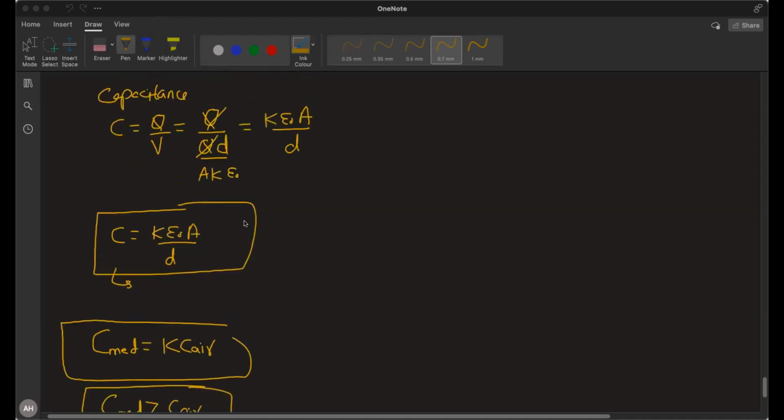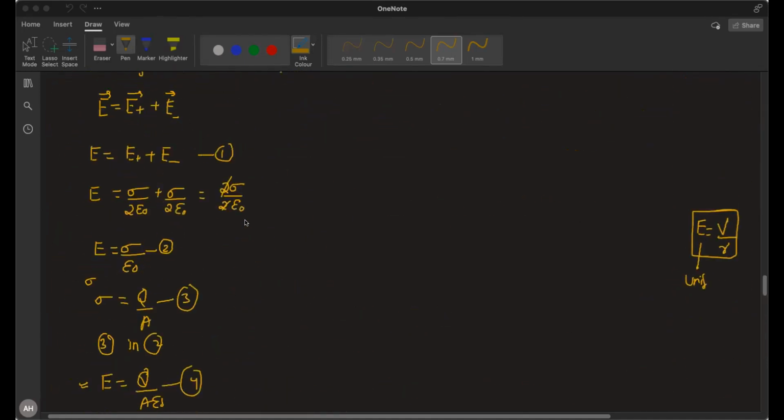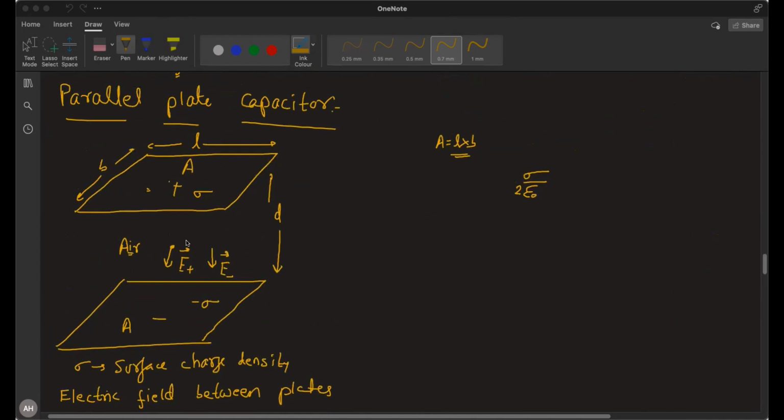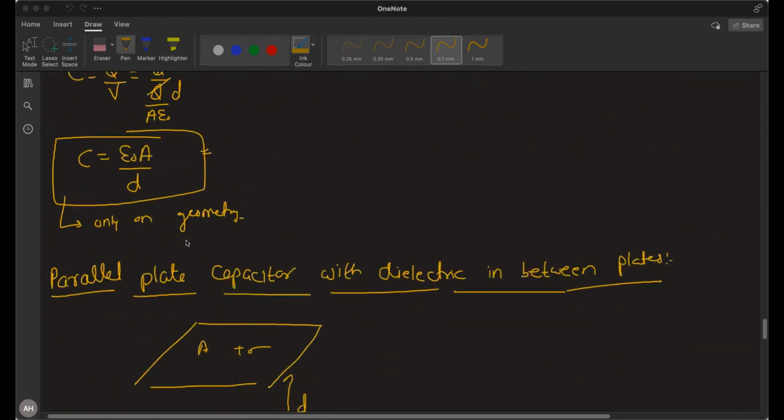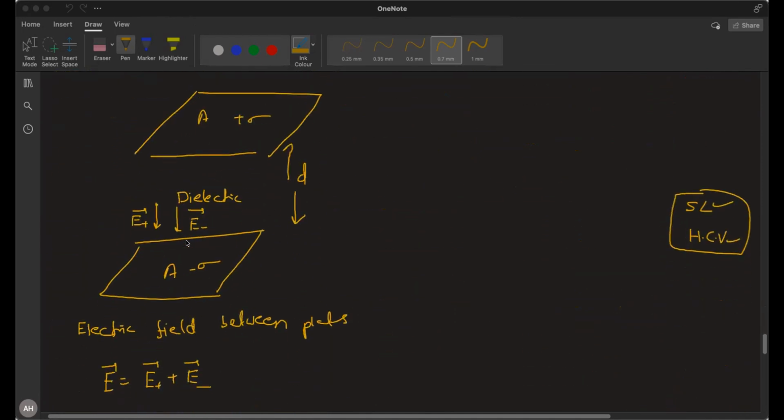Yes, sir. So in the first case, we did the parallel plate capacitor when you have just air in between the plates. In the second case, we did the parallel plate capacitor when both the plates have some dielectric medium between them.